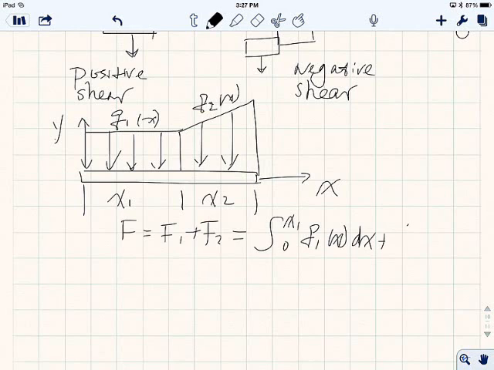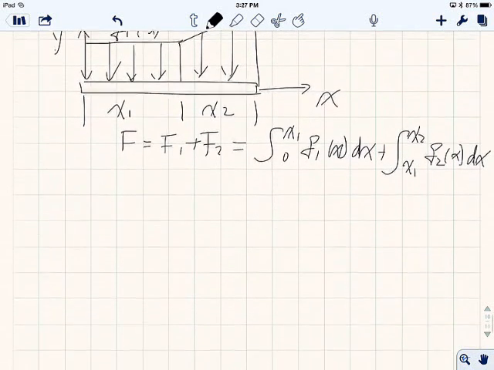And F2 is from x1 to x2 of Q2(x) dx. Right? So this is how we calculate distributed force, right? Because when we do a free body diagram, we have to know the equivalent force. Okay? All right.